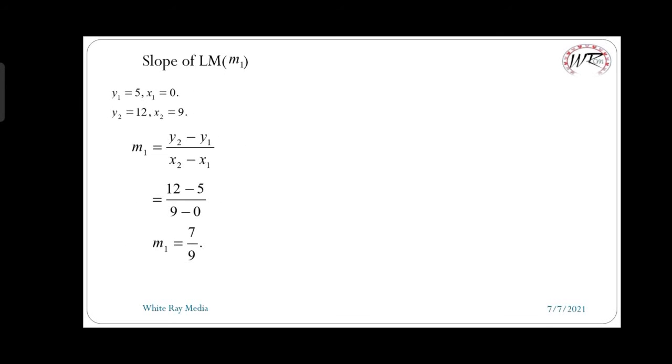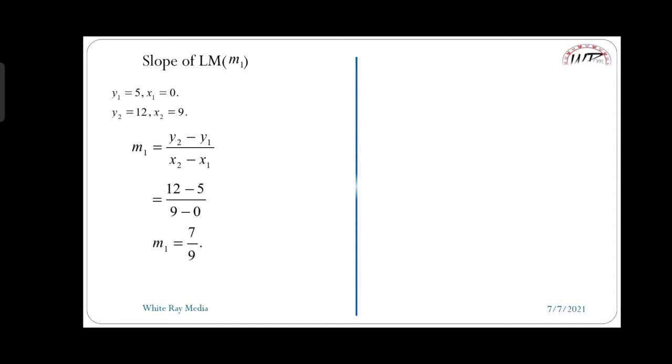We have got all the points of L and M. We are using the formula m1 = (y2 minus y1) divided by (x2 minus x1). We are applying the x and y points in the formula: (12 minus 5) divided by (9 minus 0). Therefore, m1 is equal to 7 divided by 9.